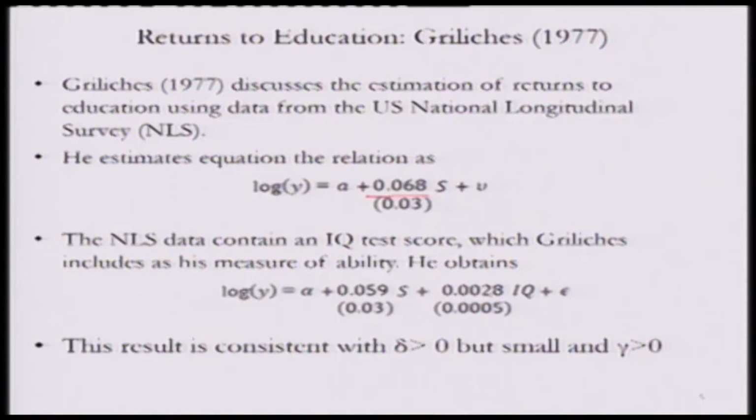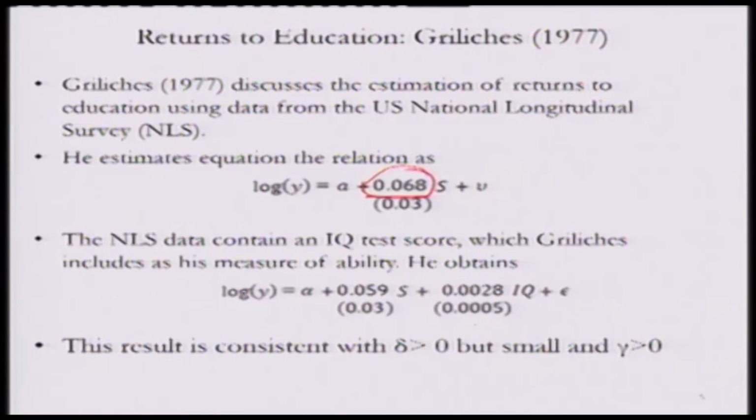Remember, in the omitted variable bias, when IQ is omitted in the previous equation, because IQ is likely to be related to both S and Y, it creates a bias in the estimate of β, which is 0.068.